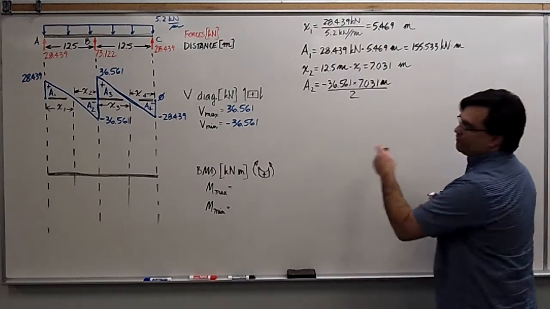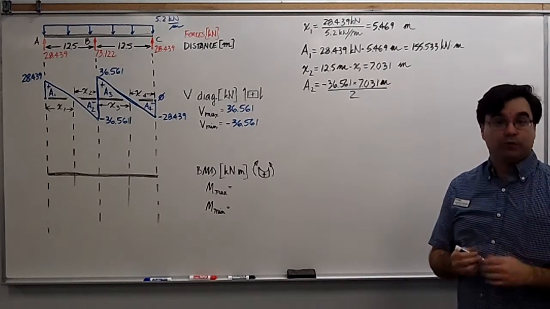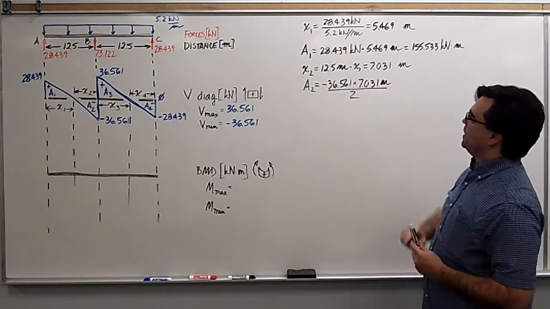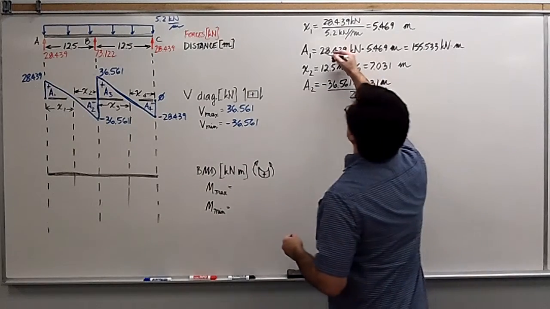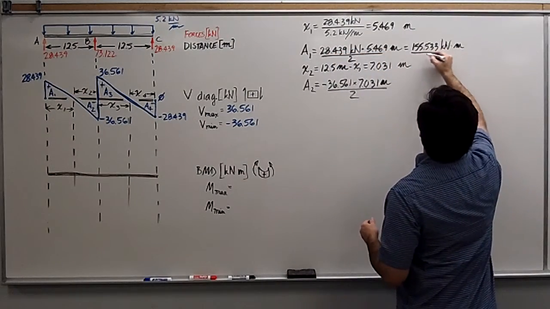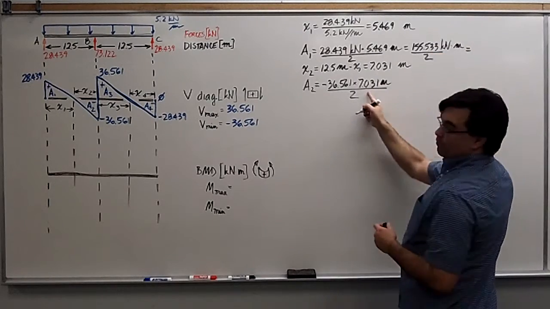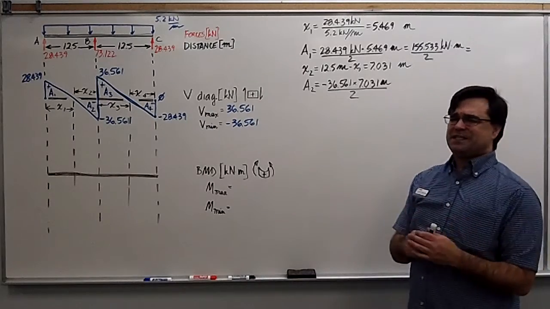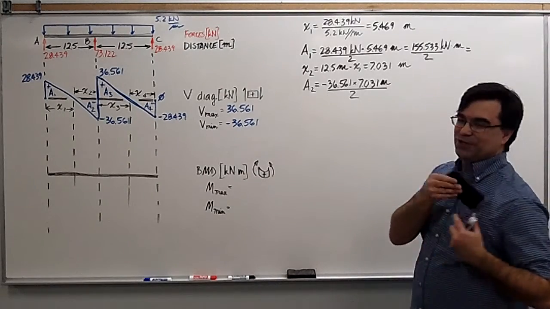Okay. And I've gotten to this point because I want to point something out. The most common mistake to make when it comes to doing triangular areas is forgetting to do divided by 2. So I forgot to do it up here, and I remember to do it here. Okay? It's a silly mistake to make, and you don't need to lose unnecessary marks for it. So make sure that you don't forget about that.